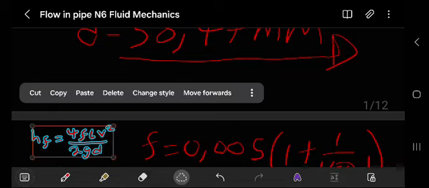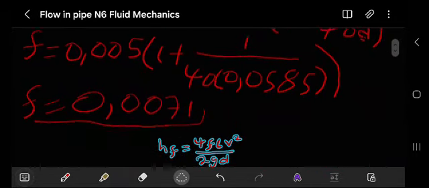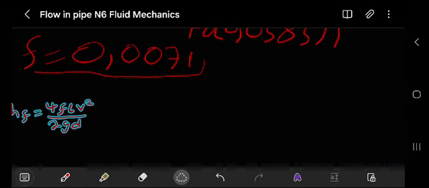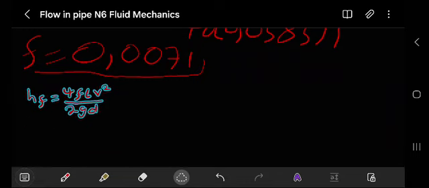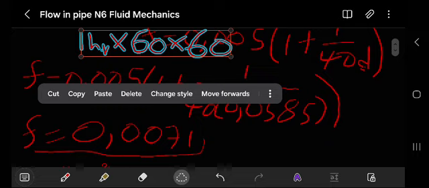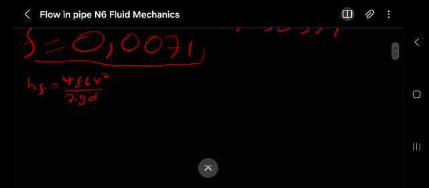I'll move this formula down here. That is what we have to apply there. Head loss due to friction, right?